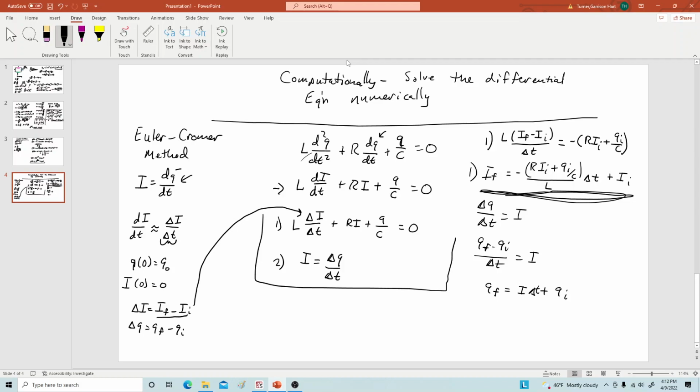But what value of current do I use here? Okay, if I were to define this as I initial, then this would be what's known as the Euler method. The Euler-Cromer technique, the correction here is to say that since I've already evaluated the final current over a very short time step, then it's actually the final current that is more accurate here. So this gets defined as IF.